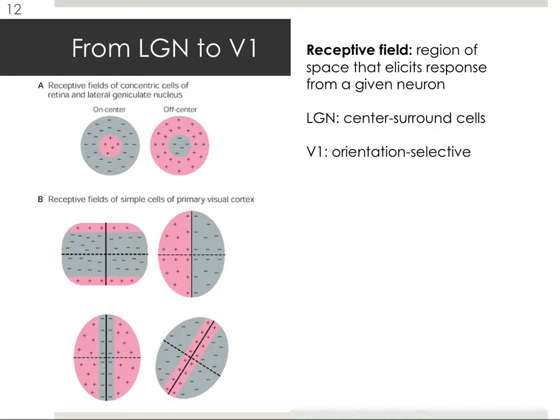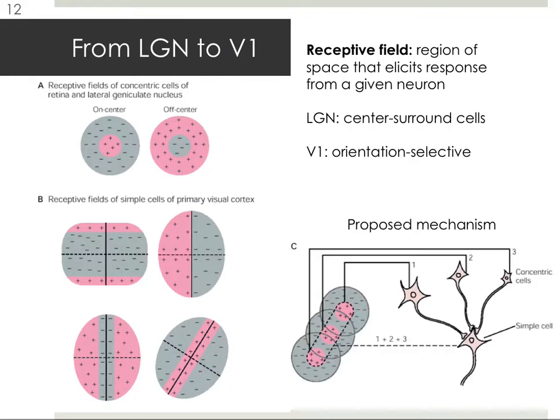Now, at the level of the V1 or primary visual cortex, the responsive properties of the cells are actually different, such that instead of being sensitive to certain points in space, V1 is sensitive to lines and edges and different orientations of lines.